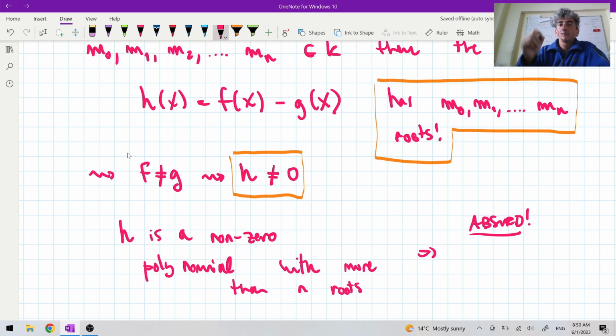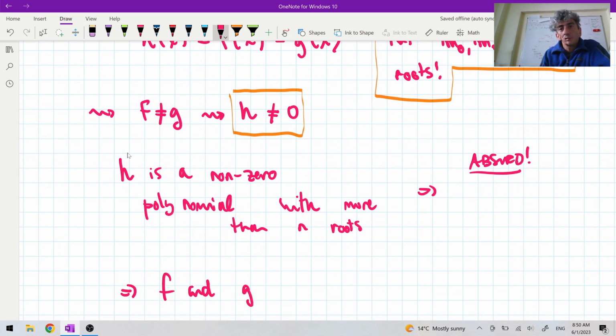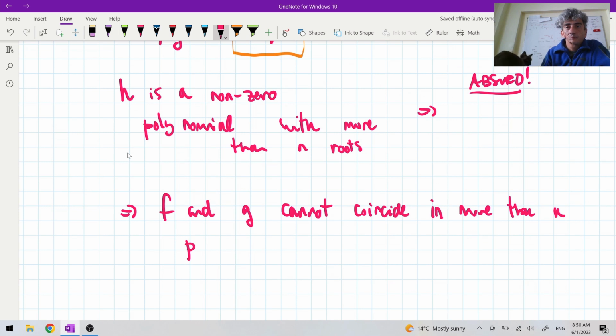Okay, so f and g cannot coincide in more than n points.